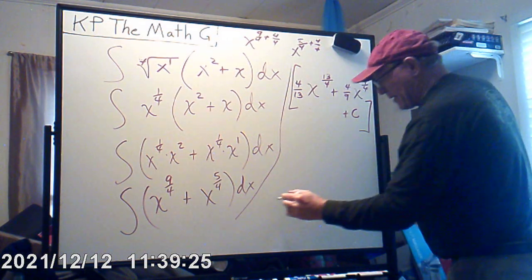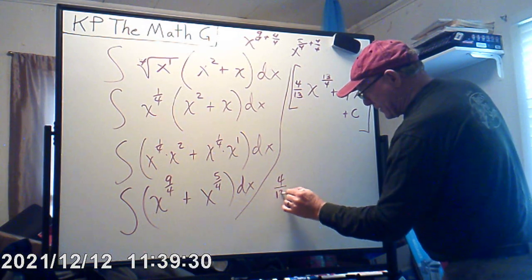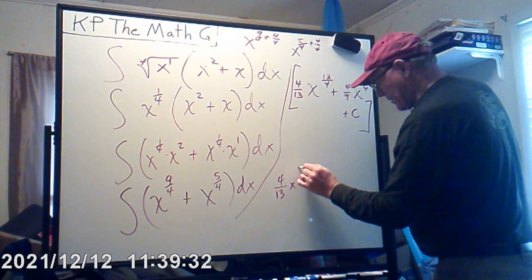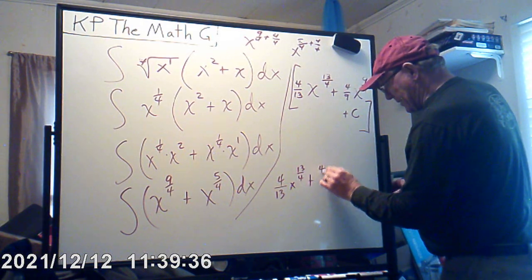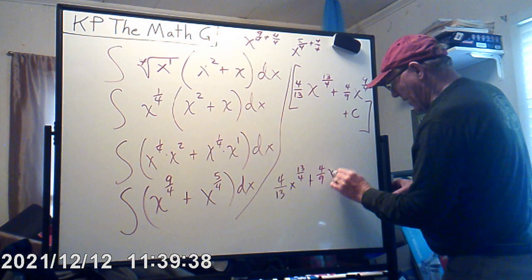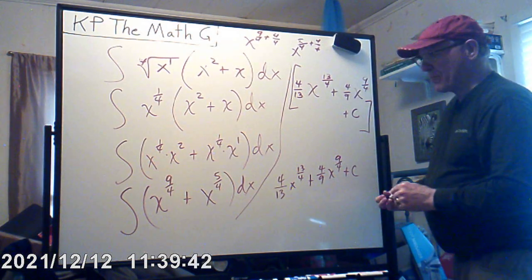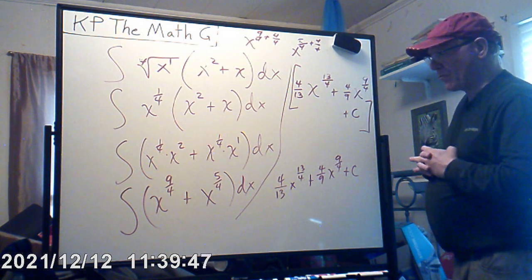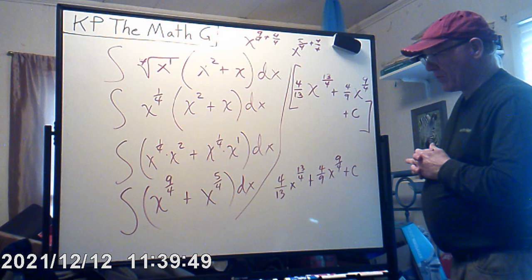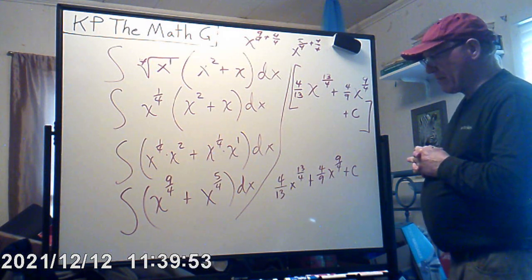Alright, so here it is, at the end here. So this is 4/13 x to the 13 over 4 plus 4/9 x to the 9/4 plus c, like that. Yeah, I believe I did everything right.